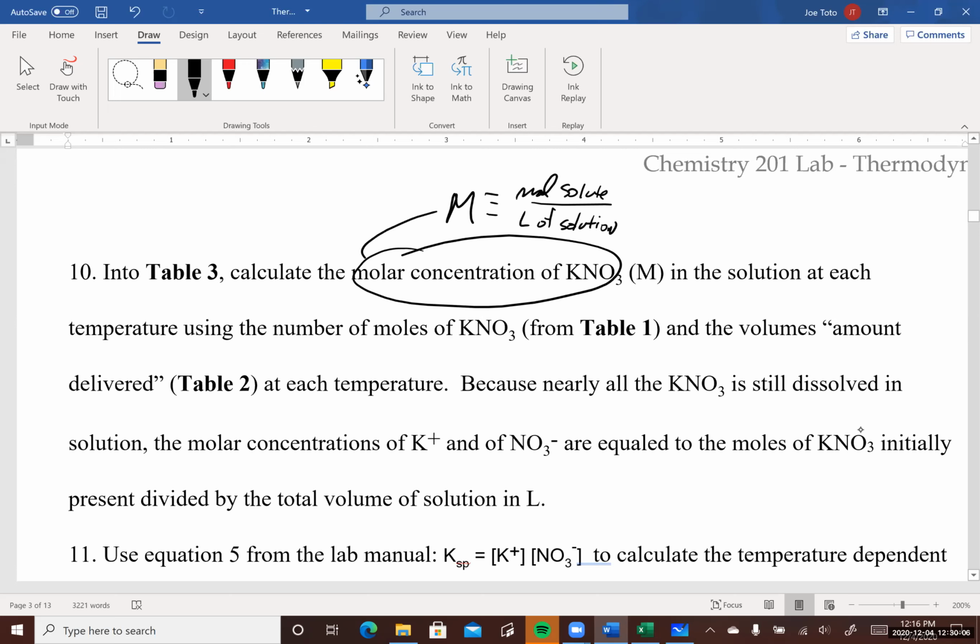For 21, discuss the signs of the experimentally determined delta G, H, and S at 25 degrees in terms of spontaneity of the dissolution of potassium nitrate in water. Does it match your predictions in questions 2, 3, and 4 that we looked at above? Remember, you had to predict whether the reaction was going to take heat to break up the ions.